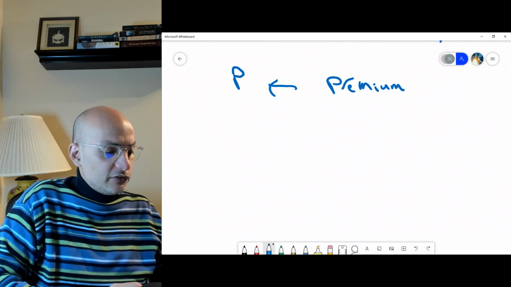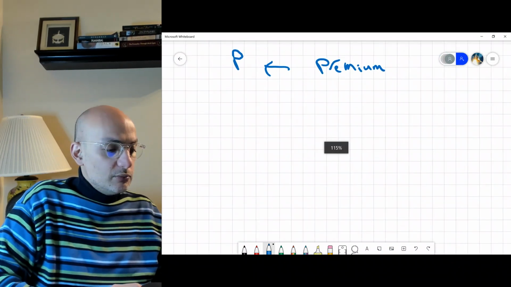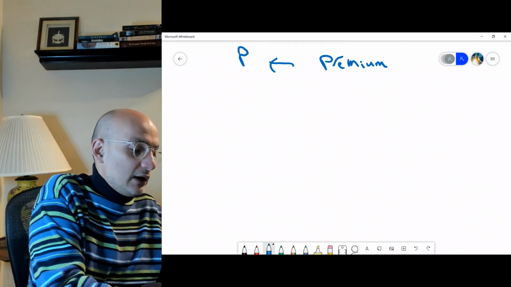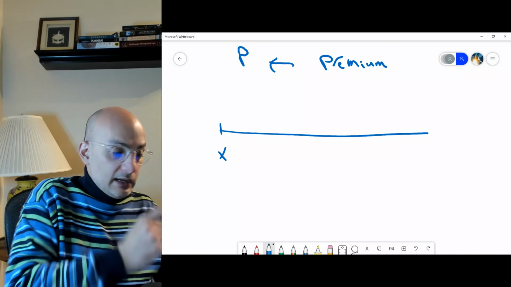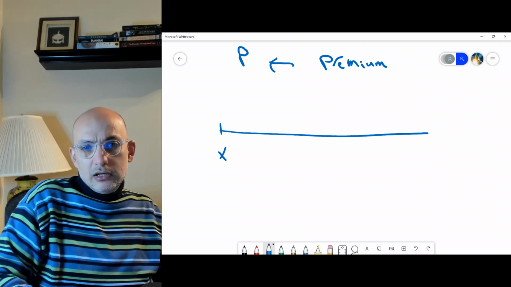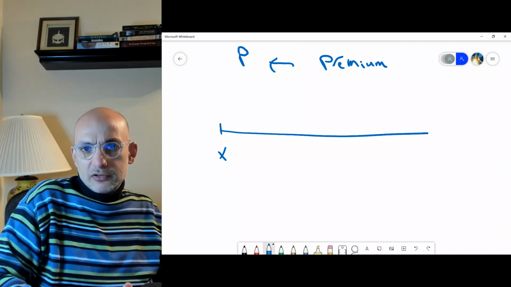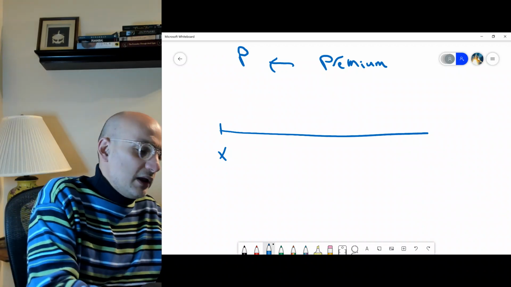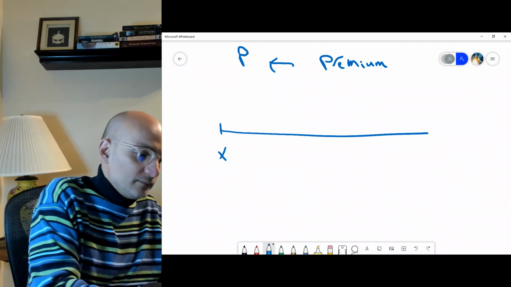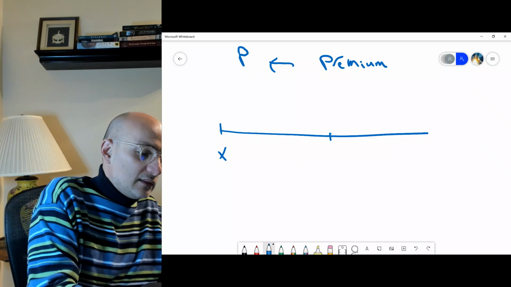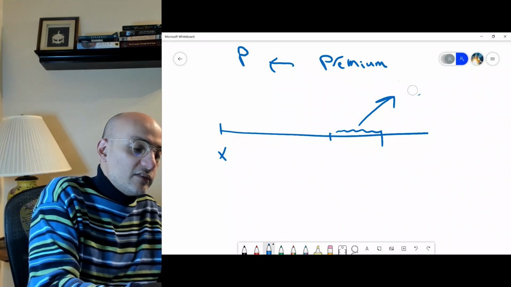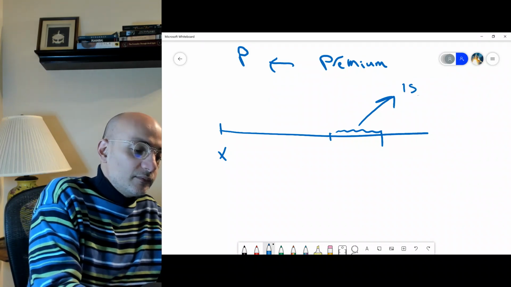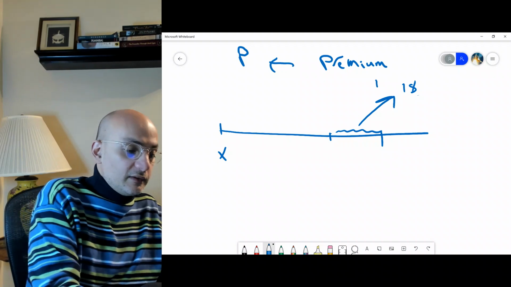But let's visualize it first and then we move on. The story here, what we are looking at, is a life age x. Usually if you get life insurance, you pay premium, and then at time of death, let's say this is time of death, you get the benefit amount, let's say $1 for simplicity, and this is the benefit.